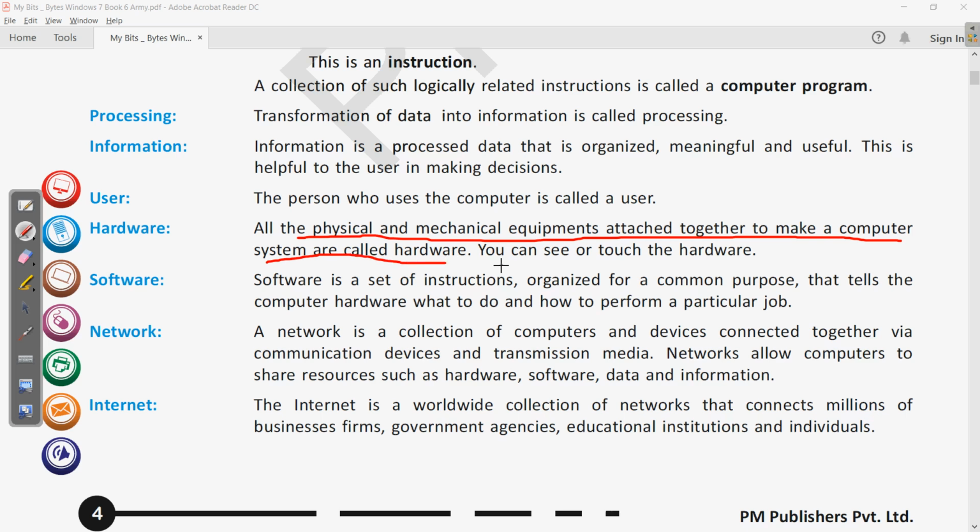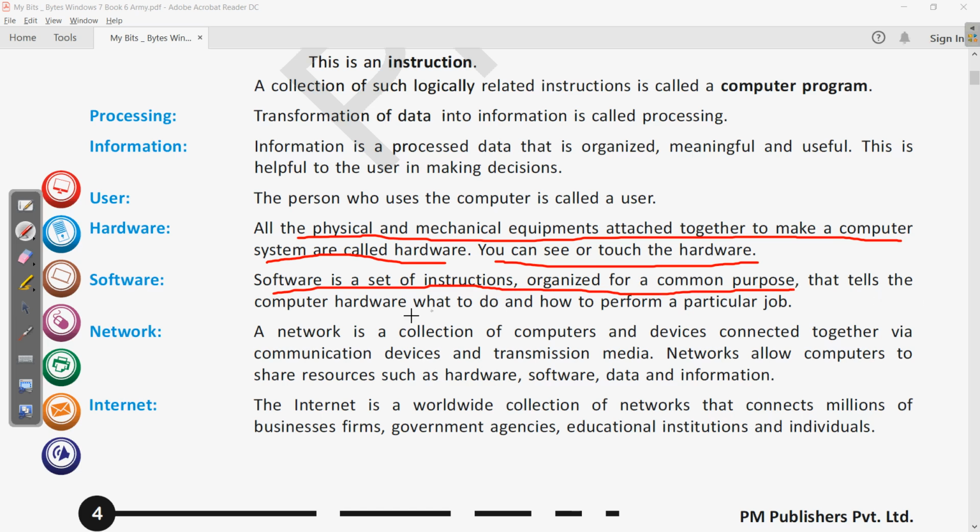Second point in hardware, we can see and touch the hardware. Clear? Then also write a few examples of hardware, like mouse and keyboard. Clear? So at least write 2 examples of each. Then in the software you can write: software is a set of instructions organized for a common purpose. Clear?